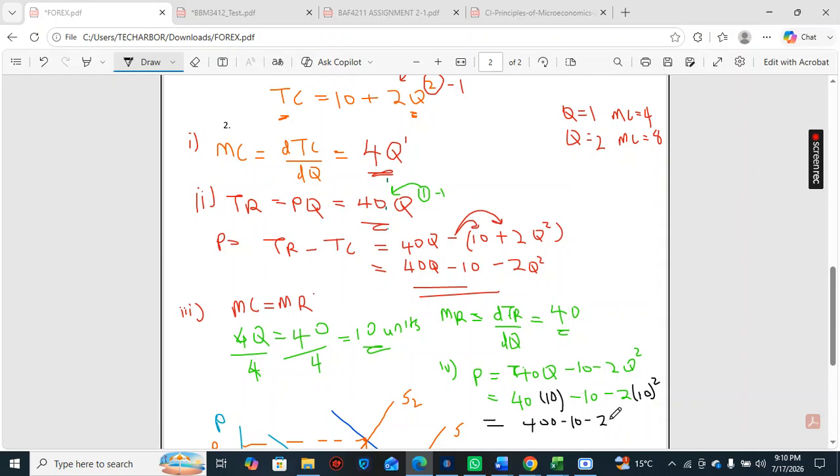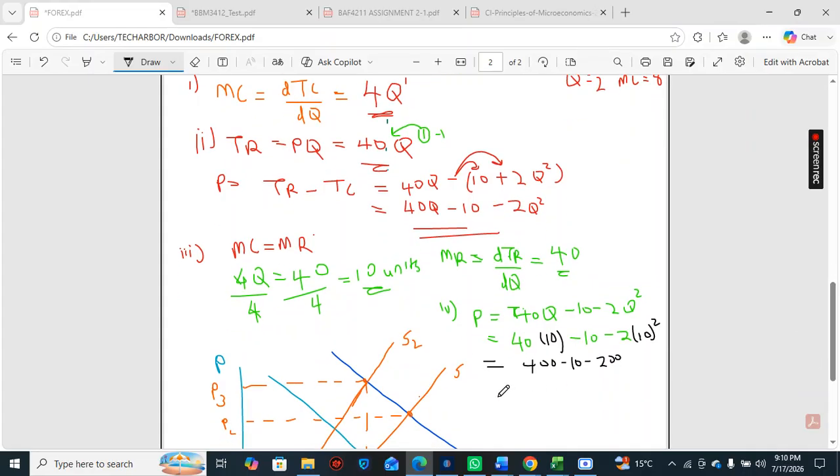So we're going to say 400 minus 10 minus 200, which is 190 kwacha. So this is the maximum profit this firm is going to earn if it produces 10 units.